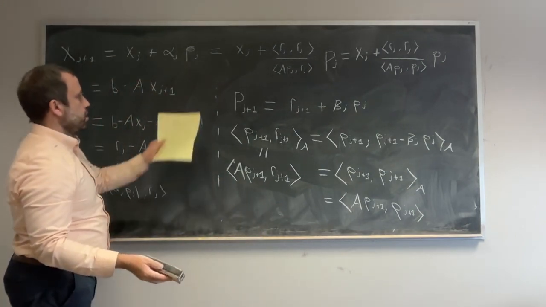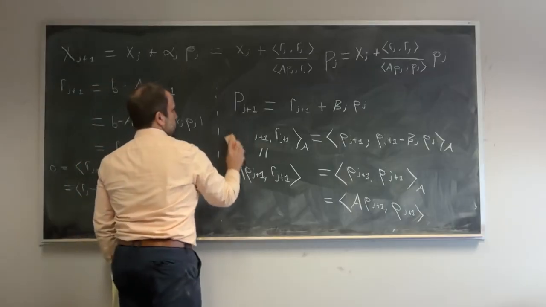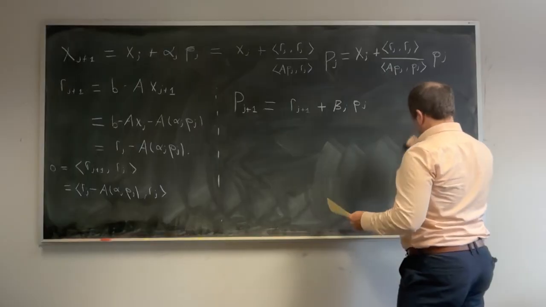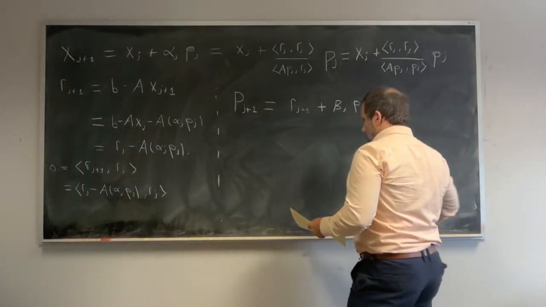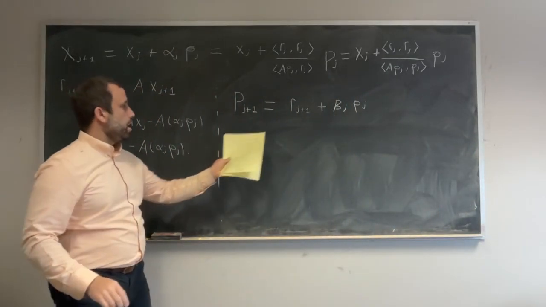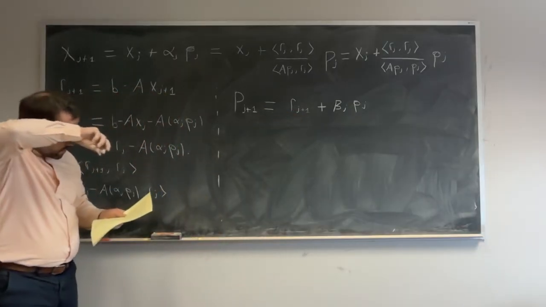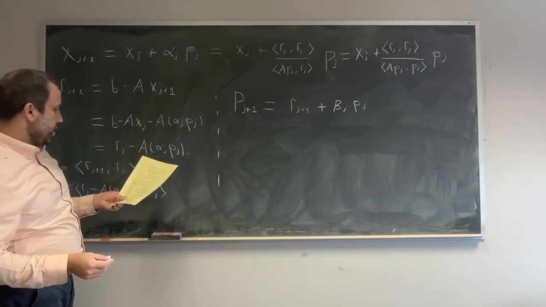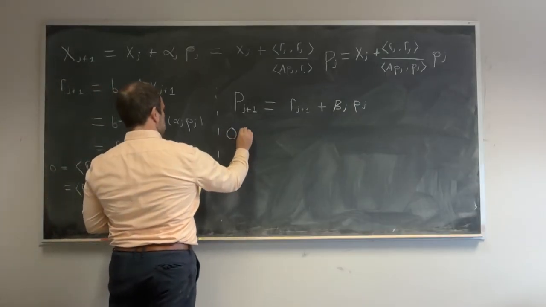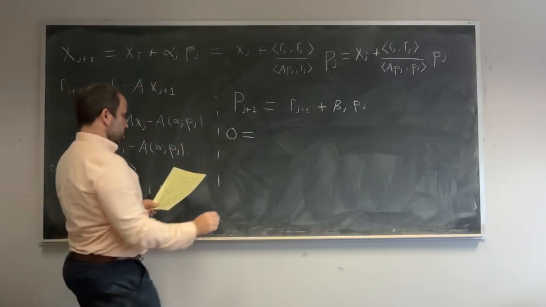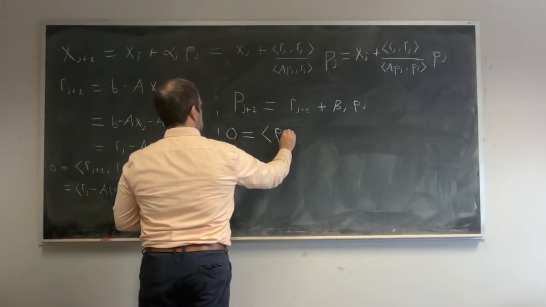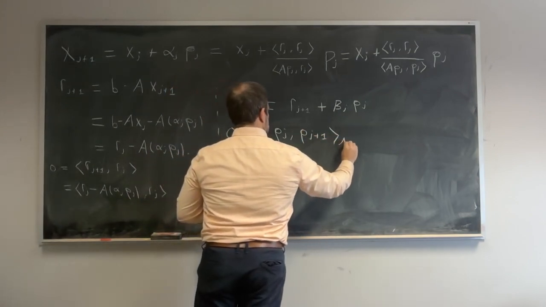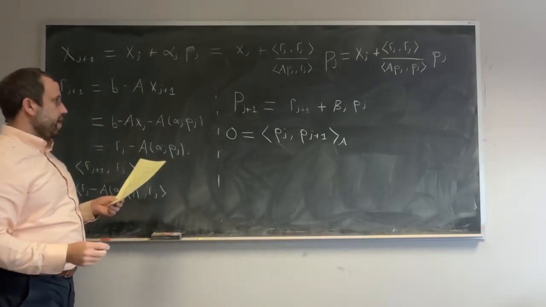Okay, so I'm going to keep this and erase this. I want to use now the fact that p_{j+1} and p_j are orthogonal in the A inner product to deduce the following. 0 is equal to p_j, p_{j+1} in the A inner product.